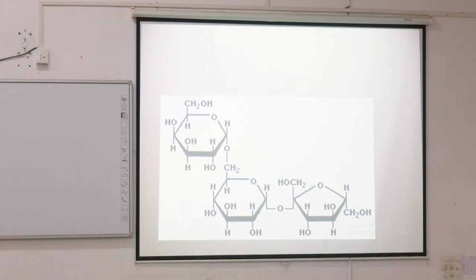Anyone? By seeing the structure, can you name the sugar? What is this first? Most easy. Fructose, very good. Which form? Alpha, beta.